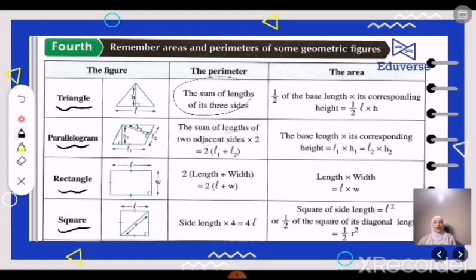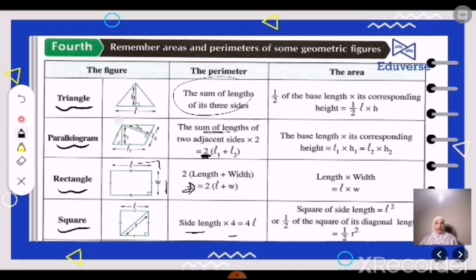Perimeter of a parallelogram: sum of any two adjacent sides, multiplied by 2. Like the rectangle, length plus width multiplied by 2. This is the perimeter of a rectangle. And the perimeter of the square, of course, side length multiplied by 4.